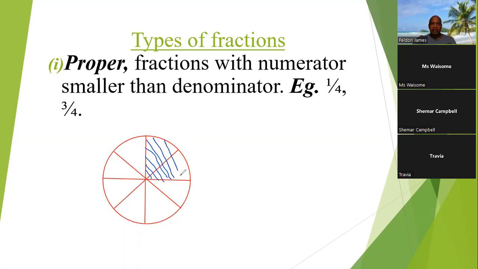All right, looking back at the same shaded region of this pizza. It is what? 2 out of 8. Sir, is it because the numerator was taken out of the denominator?